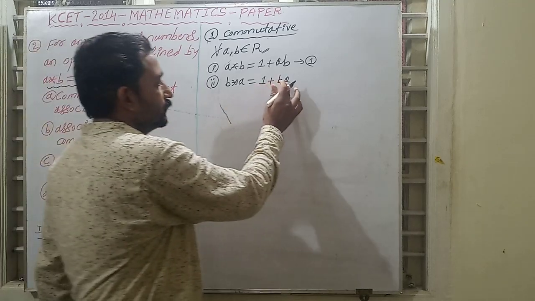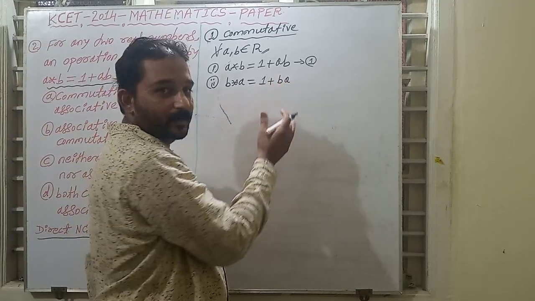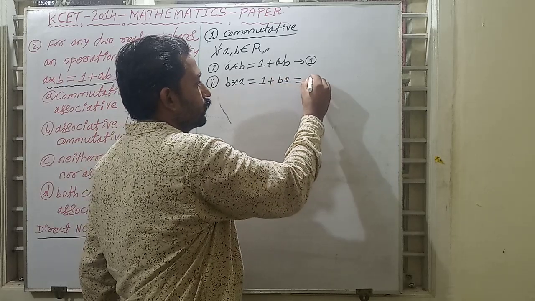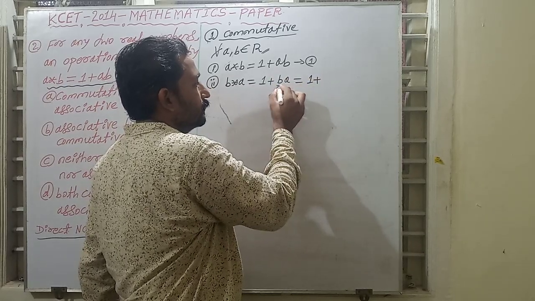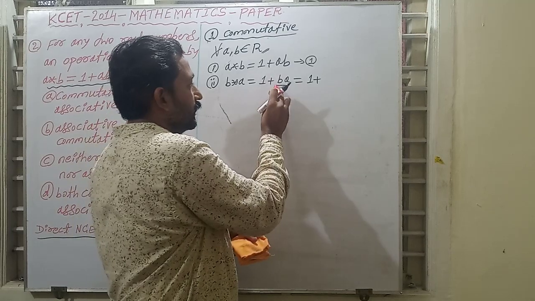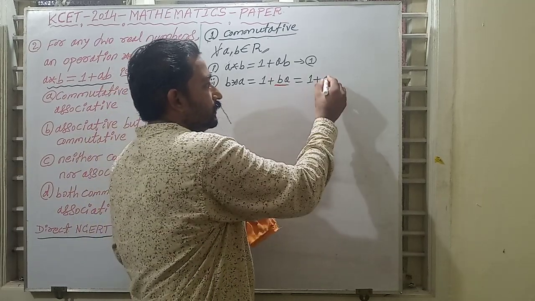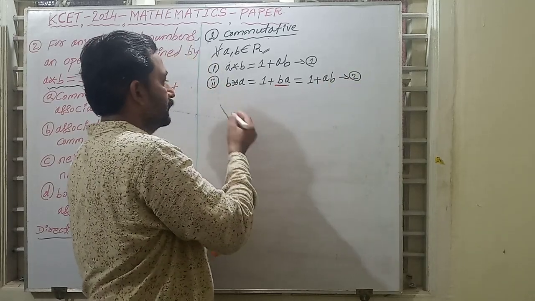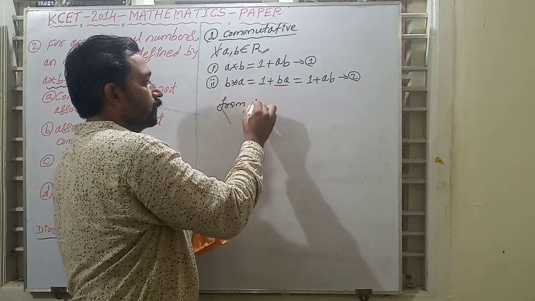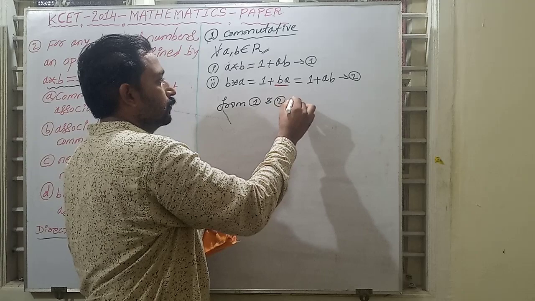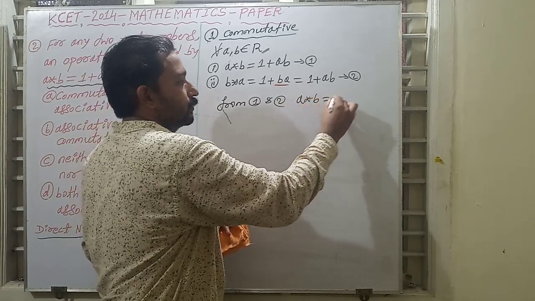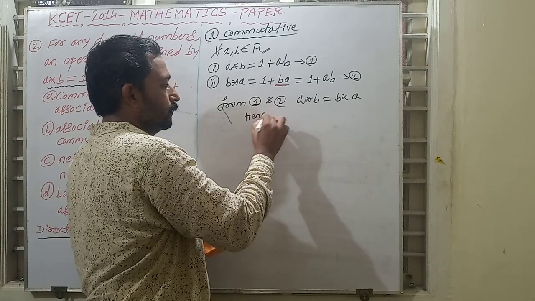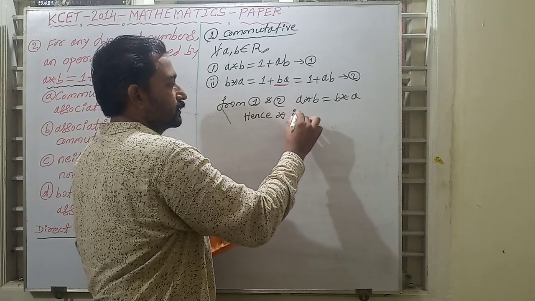Real number multiplication is commutative, so a into b is equal to b into a. This can be written as 1 plus a into b. This is equation 2. From 1 and 2, both are the same. From 1 and 2, a star b is equal to b star a. Hence star is commutative.